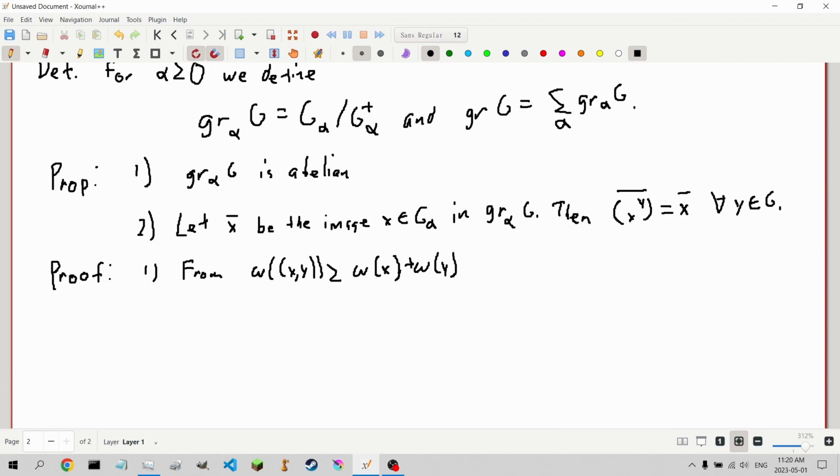So saying that GR alpha is abelian is saying that the commutator is always 0, or at least that is an equivalent.